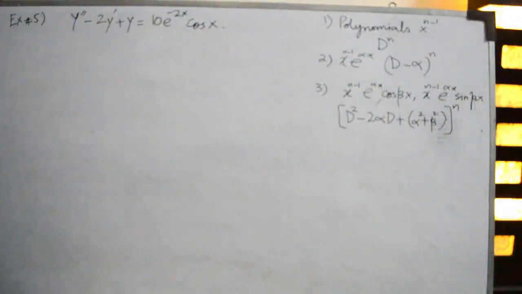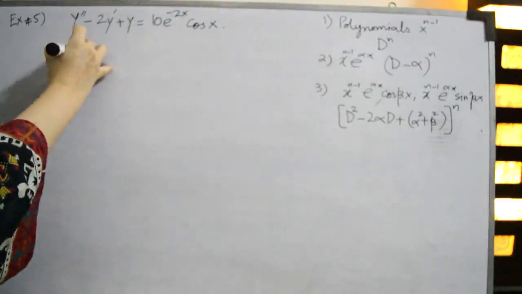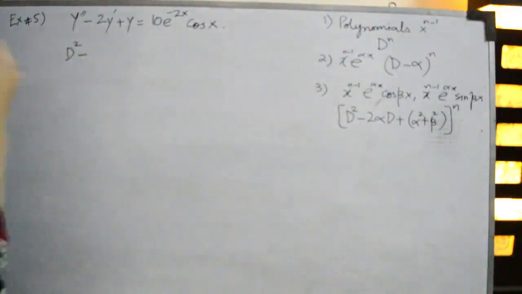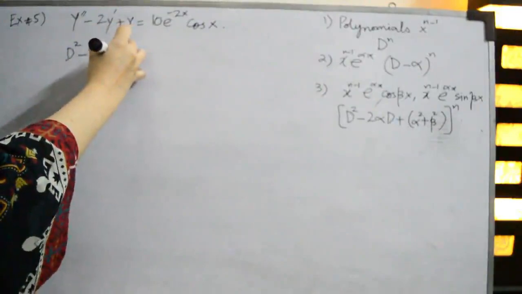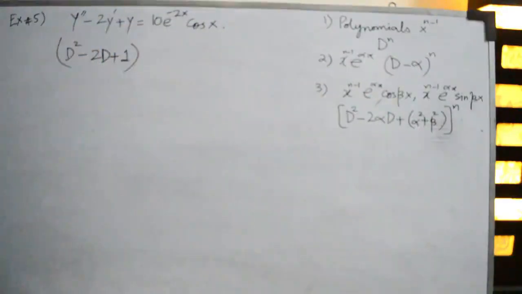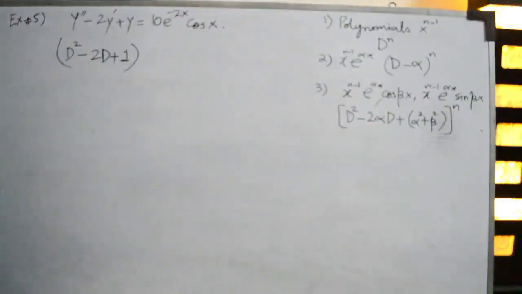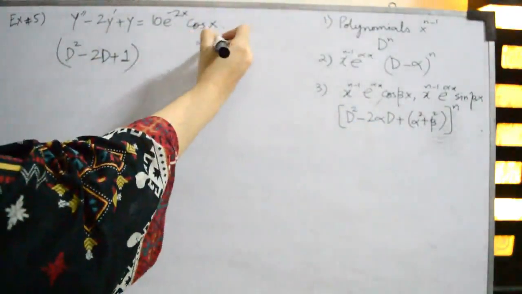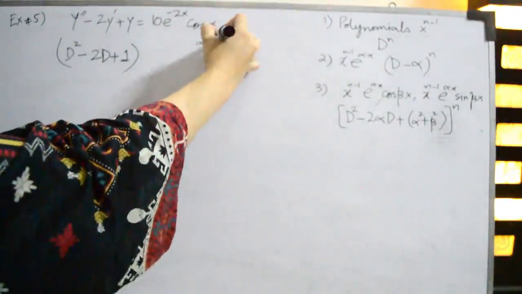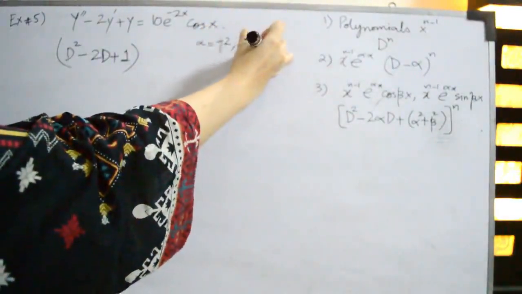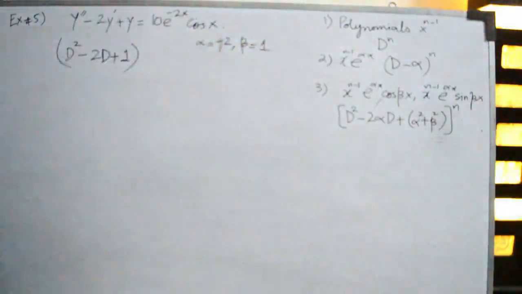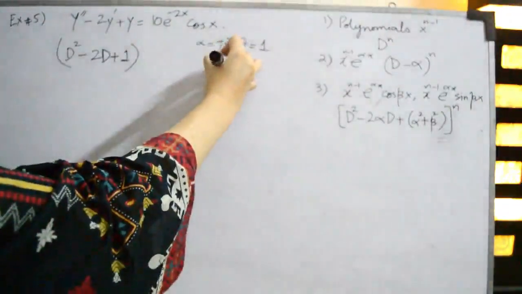Next, example number 5 is y double dash minus 2y dash plus y equals 10 e to the power minus 2x cos x. The annihilator operator for the left hand side is D square minus 2D plus 1, and the rest of the part falls into the category of 3. Here alpha is minus 2, beta is 1, and x to the power 0, so n is equal to 1.